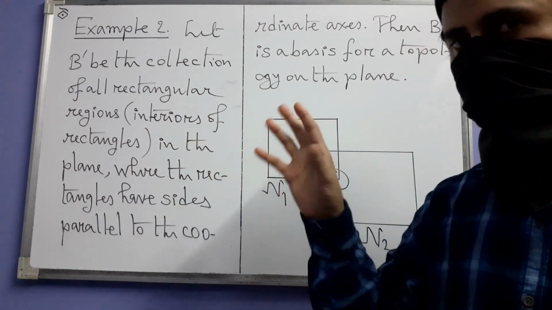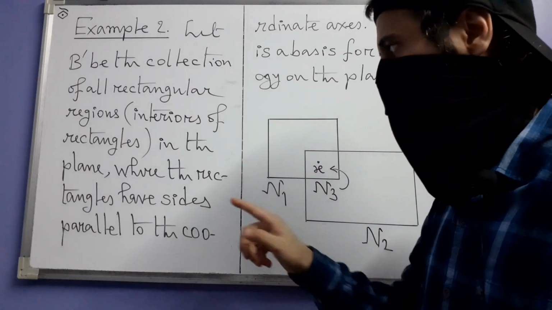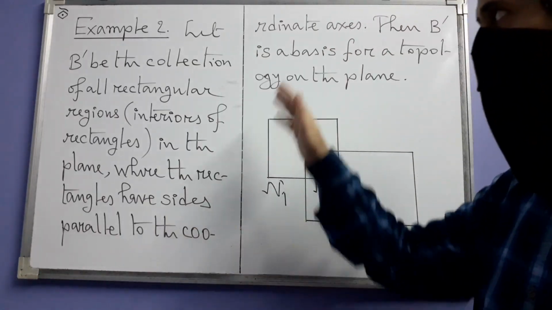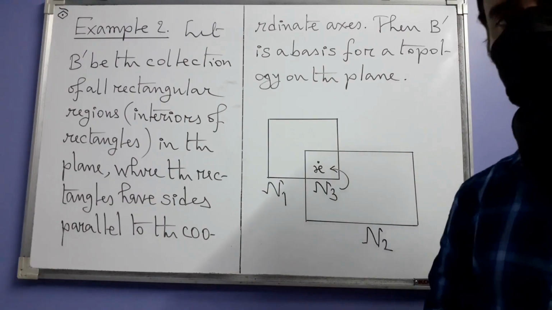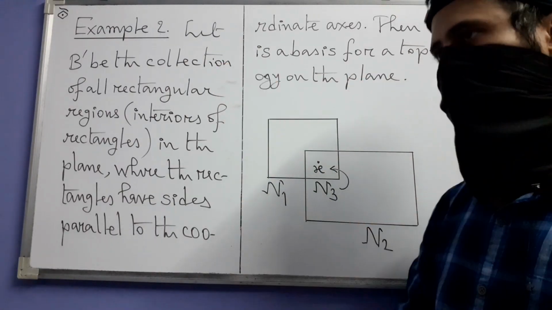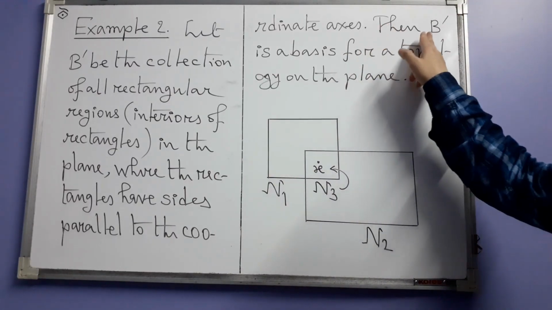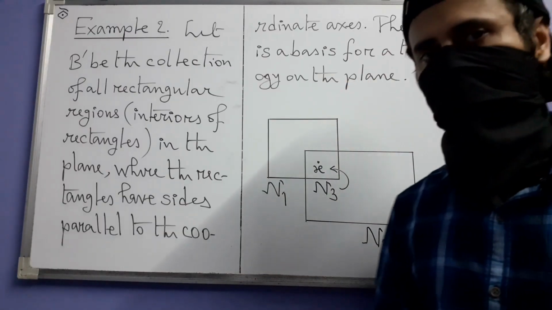In the previous one, the regions were circular regions, now rectangular regions, and where the rectangles have sides parallel to the coordinate axes. So that means they are like this. Okay, not oblique like this, but like this. And this B prime turns out to be a basis for some topology on the plane.